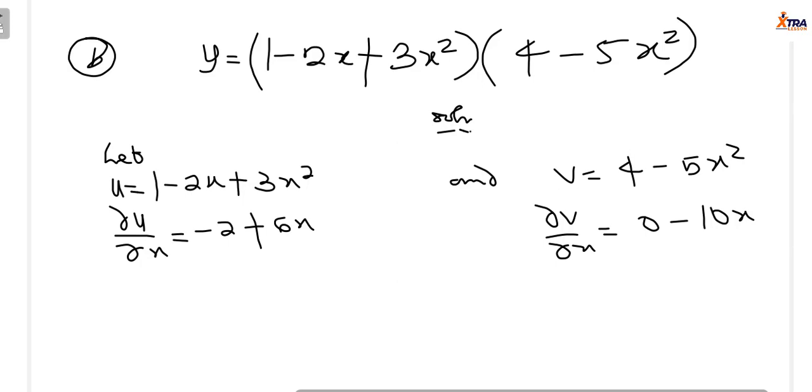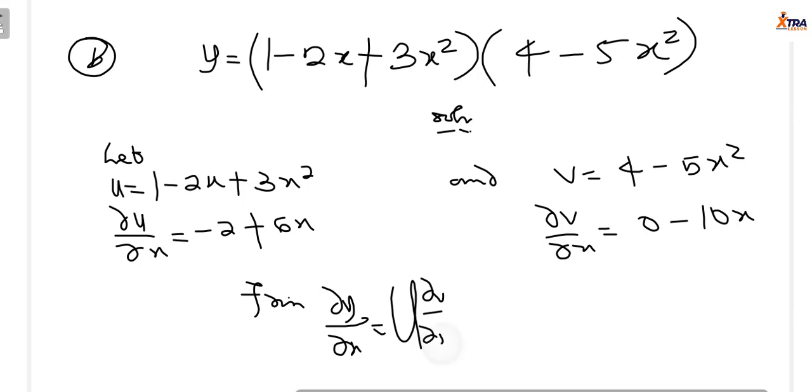So now from dy over dx, which is equal to u dv over dx plus v du over dx.